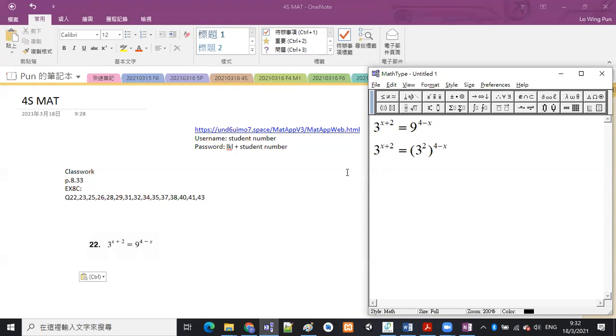Then we use the laws of index to simplify the index on the right-hand side, which becomes 2 times 4 minus 2 times x. When both sides are of the same base, we may delete the base, just write down the indexes, and then just solve for x. That is the answer.